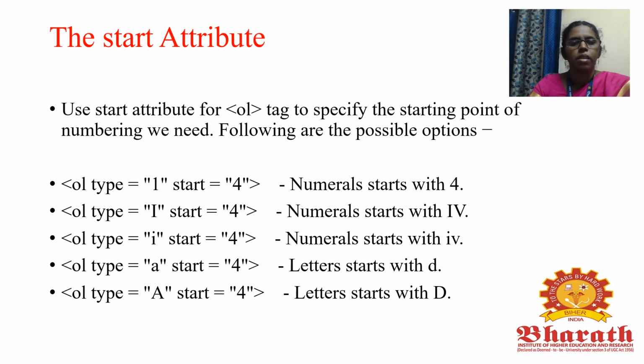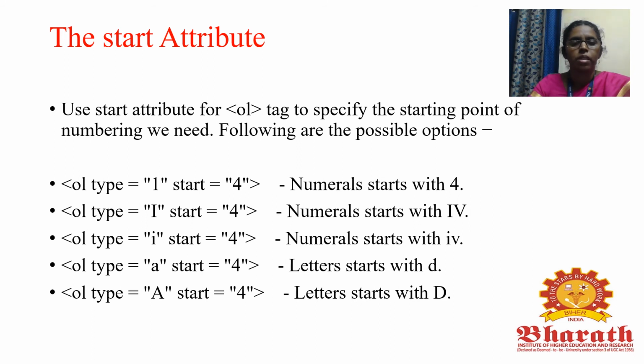So far we discussed the type attribute within the OL tag. Next we are going to discuss one of the important attributes, the start attribute within the OL tag. In the type attribute we may have the options 1, uppercase or lowercase Roman letter, uppercase or lowercase alphabet.